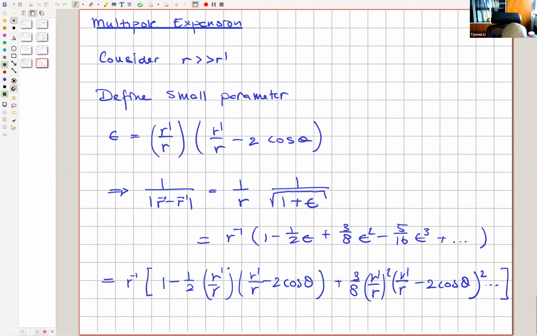If I multiply this with this, I get one term that is first order in r prime over r. That would be one single term. Now, how many terms are there with r prime over r squared?